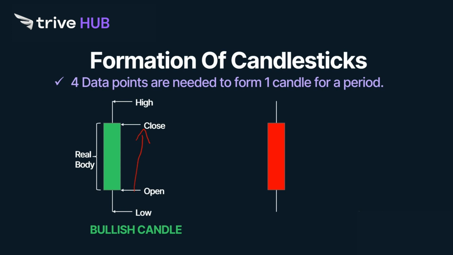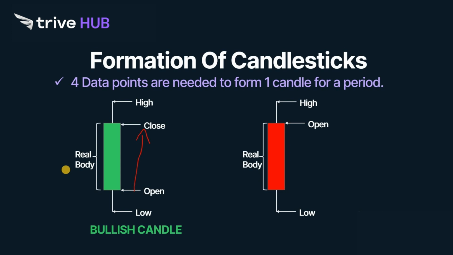Similarly, in a bearish candle, the low and high price will remain the same as a bullish candle, but the open price will change here. The open price will be at the top of the body, and then the price moved a bit up, marked a high level, and then sellers came into strength.